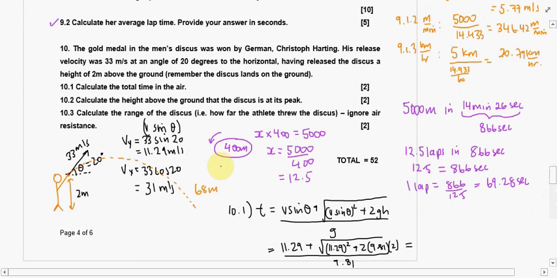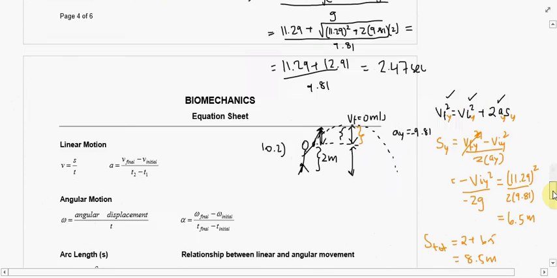So from what we've calculated here, what is the component of this acting horizontally? We said that it was equal to this over here, so it's 31 meters per second.